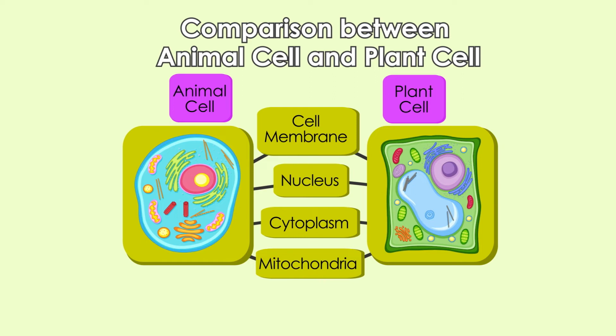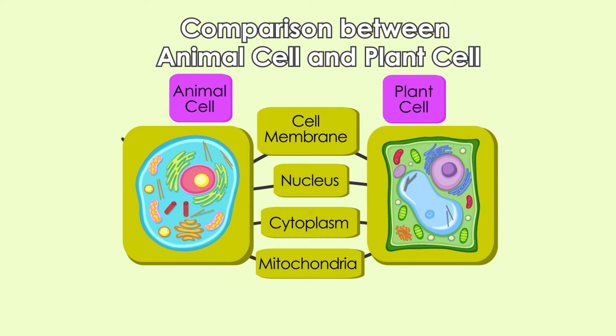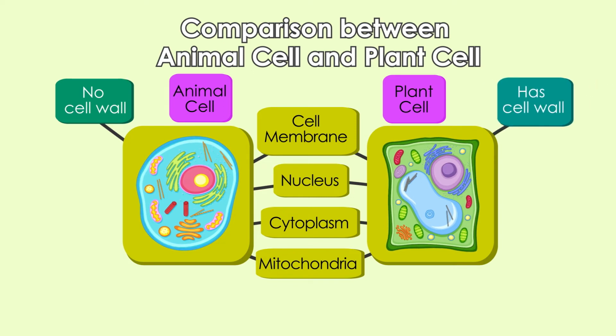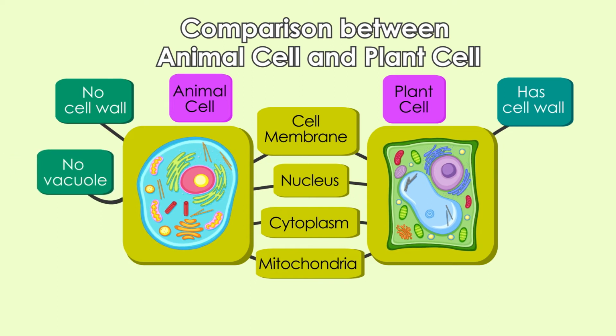Now, let's find the differences of both cells. The differences between animal cell and plant cell are: first, animal cell does not have a cell wall, whereas plant cell has a cell wall. Second, animal cell does not have vacuole, whereas plant cell has vacuole.